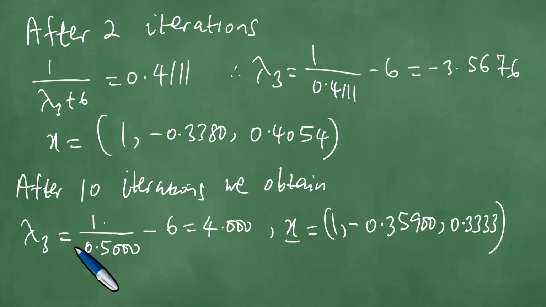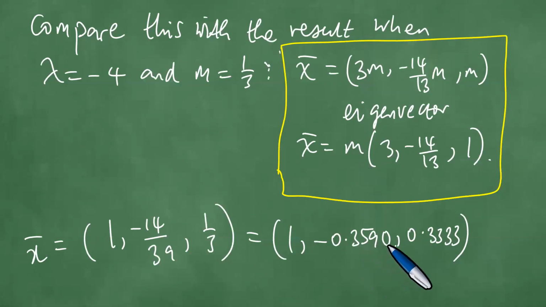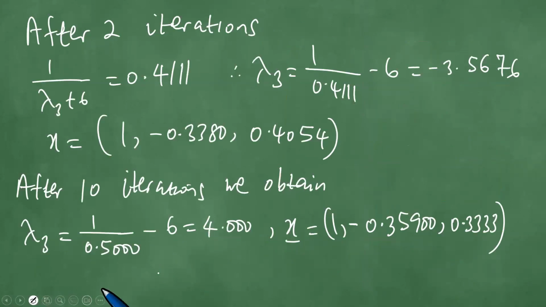But using the power method, after 10 iterations we get closer and closer to the eigenvector itself, because it's 1, then 0.3333, so we get much closer.